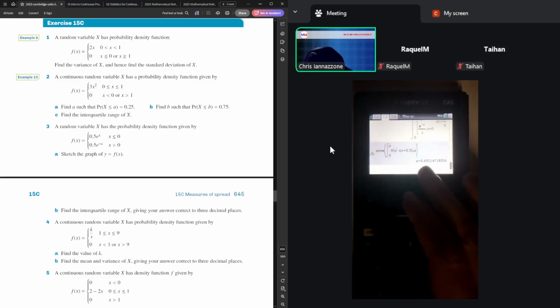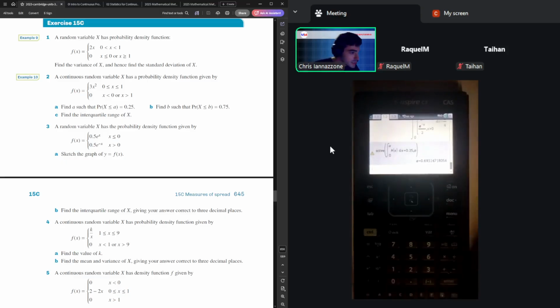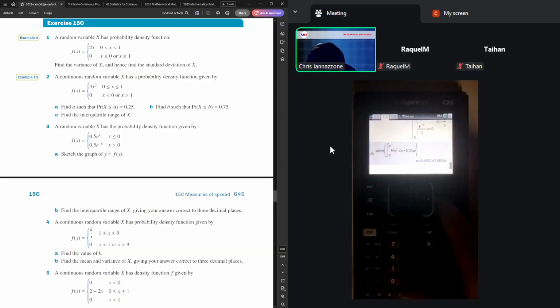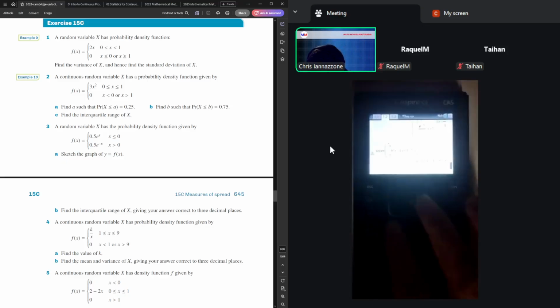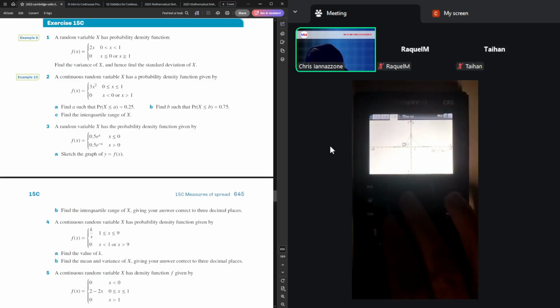As a quick sanity check, does A being 0.69 make sense? I don't think it does actually, because we should have symmetrical area on both sides, so the 25th percentile you'd expect would be a negative value.